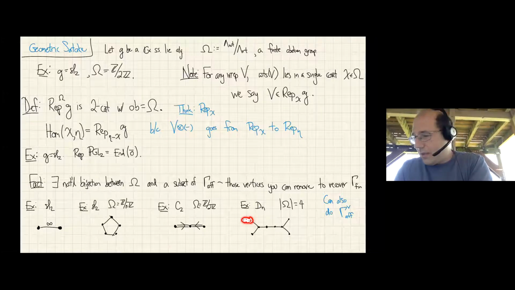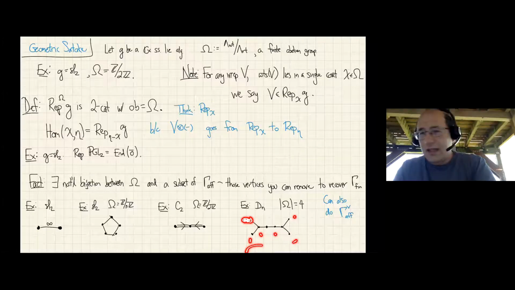All the other ones correspond to fundamental representations of the finite Dynkin diagram, and the fundamental representations will give you an enumeration of these cosets.